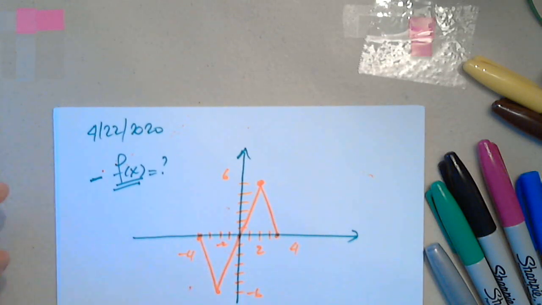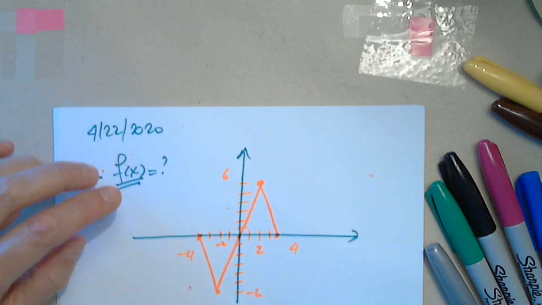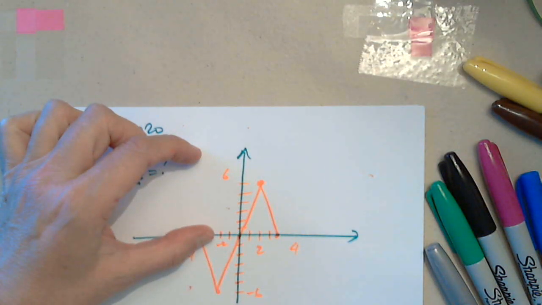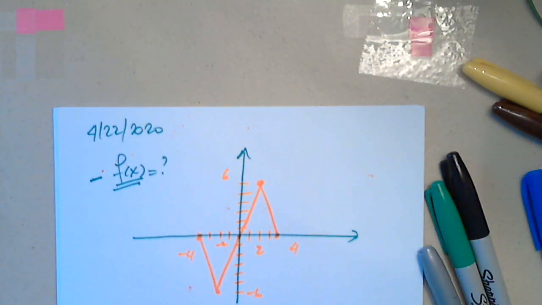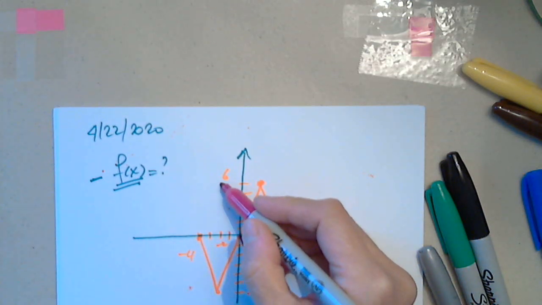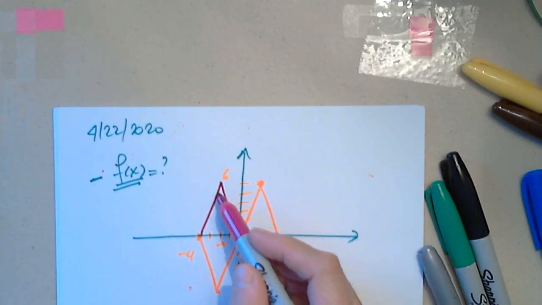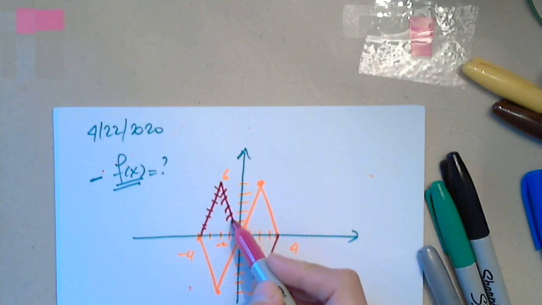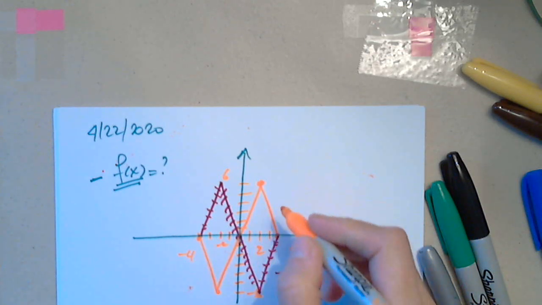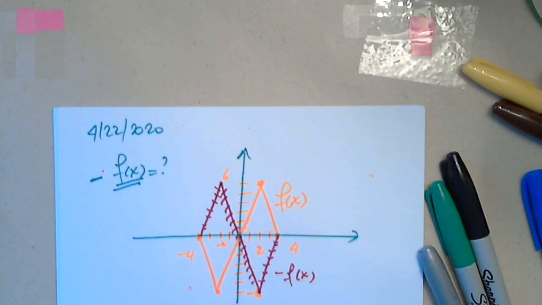Okay, so if we're asked to find the opposite of f of x, all y values have to be reflected. That's all we need to do. So then it's right here. This graph is negative f of x, and this graph is f of x.